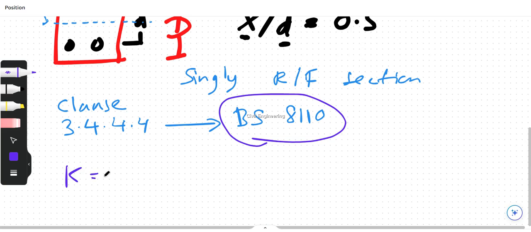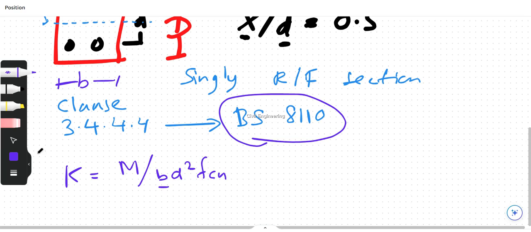There, K value is equal to M over b d squared f cu. Here b means the breadth, this one is the width, and d is the effective depth, and f cu means the strength of the concrete.